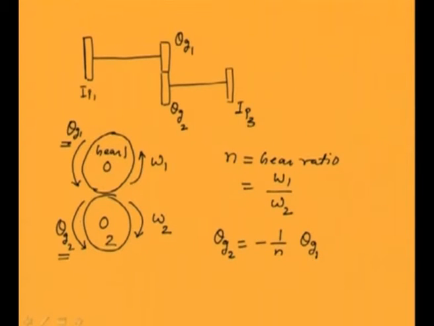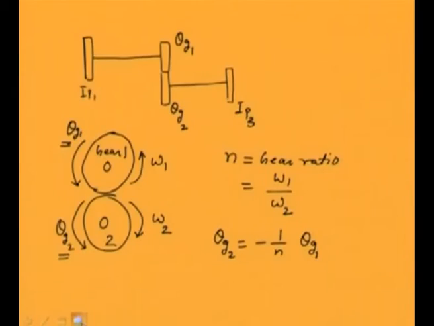Now from the previous analysis, we know that if we want to do the equivalent system for this gear element, we have to divide the polar mass moment of inertia by the gear ratio square.